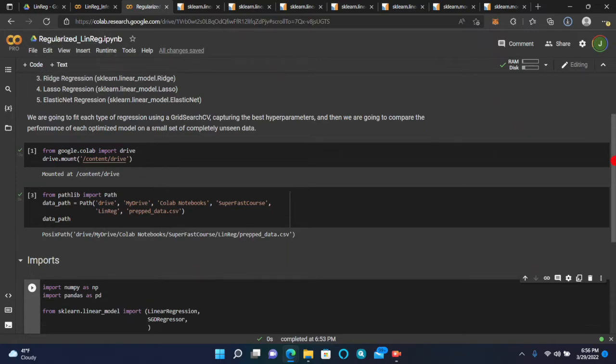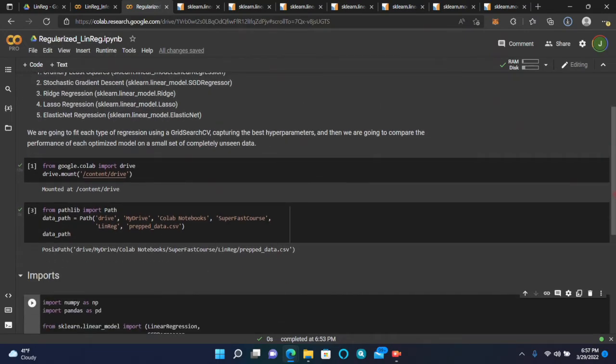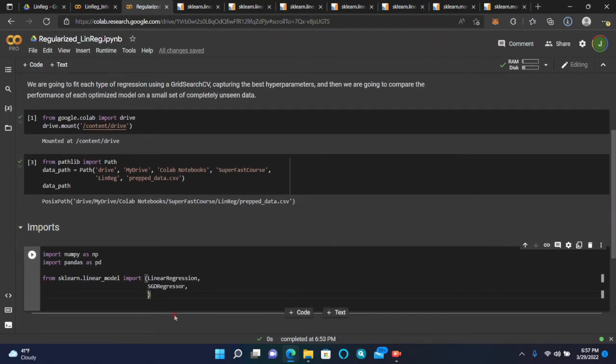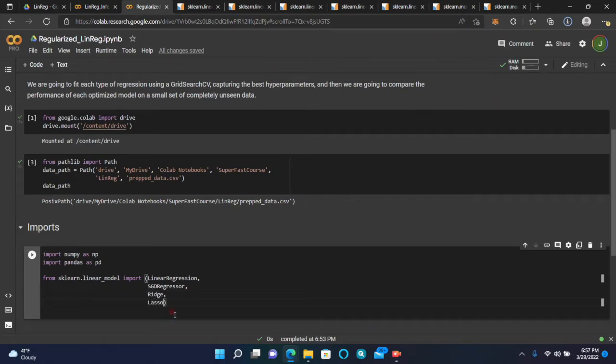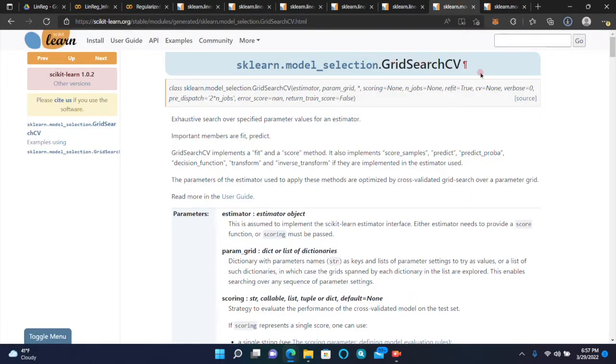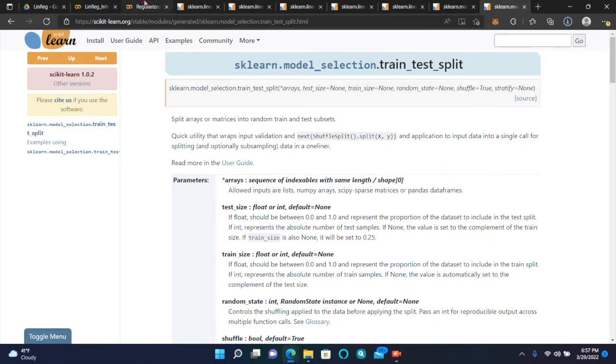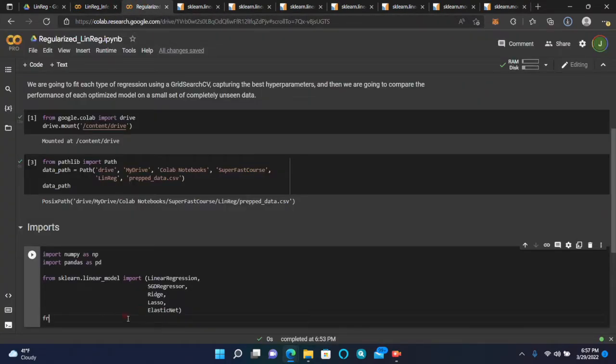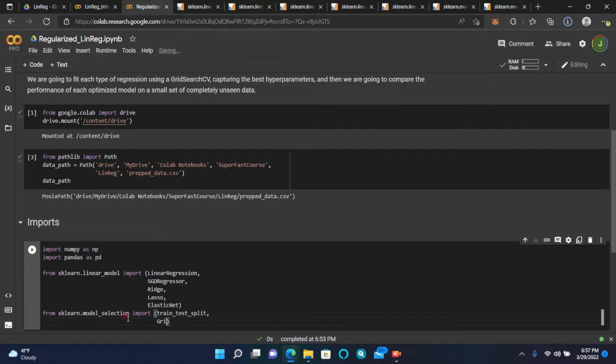Was Ridge the next one? Yeah, it is Ridge. We want Lasso, and we want ElasticNet. We're also going to need GridSearchCV and train_test_split. From sklearn.model_selection, import train_test_split and GridSearchCV.